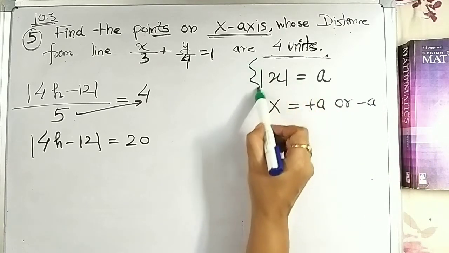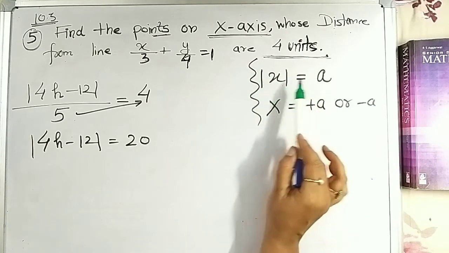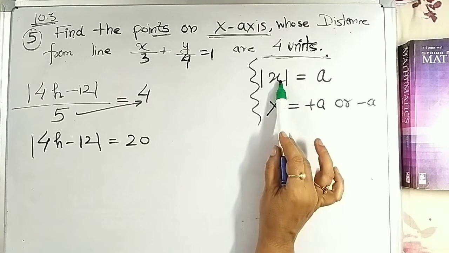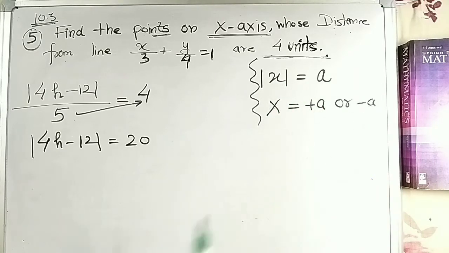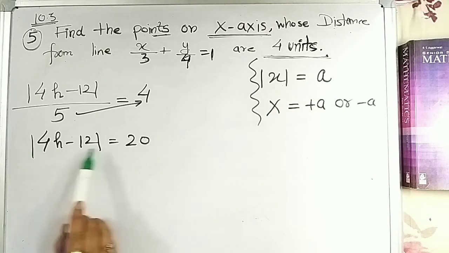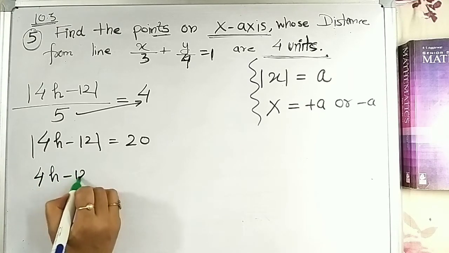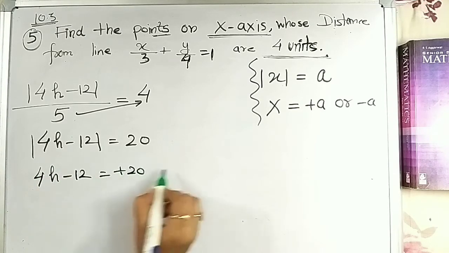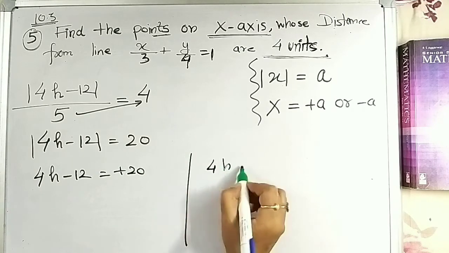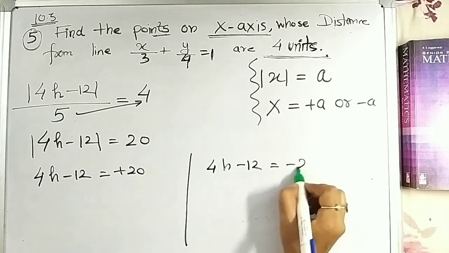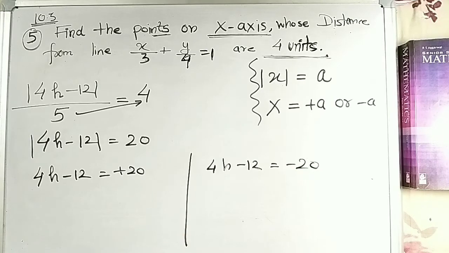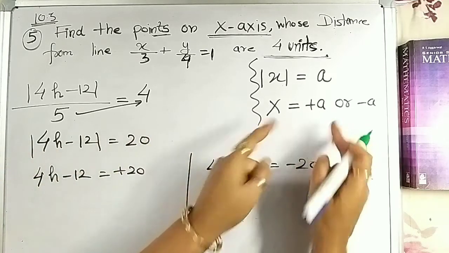This you keep in mind. So there are two cases. Either this might be plus 20 or it might be minus 20, because I am opening mod. That is how we open mod.